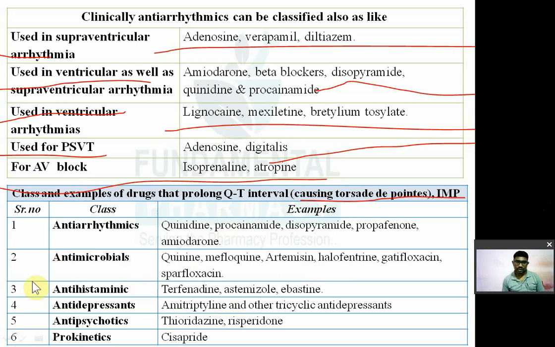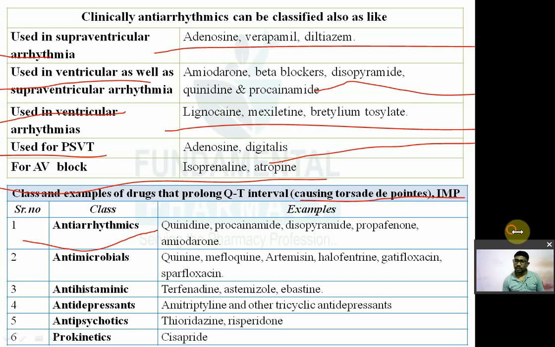So drugs like anti-arrhythmics. You might say, sir, how can anti-arrhythmic drugs cause arrhythmia, when they are used in arrhythmia? Yes, every anti-arrhythmic drug can produce arrhythmia because they are depressing your heart. So anti-arrhythmics like quinidine, procainamide, disopyramide, propafenone and amiodarone.